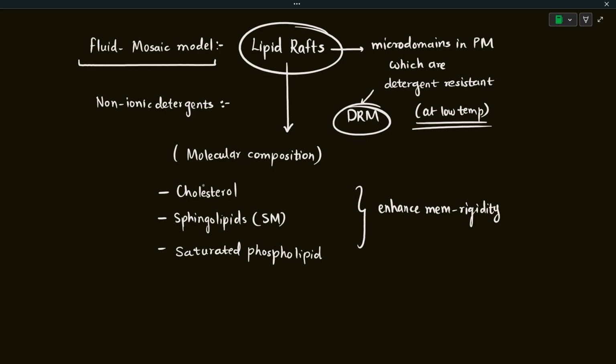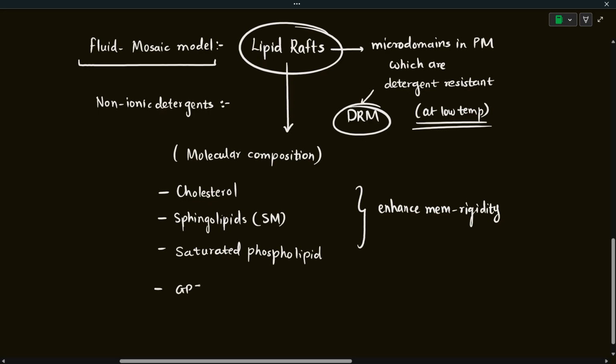Alongside those lipids, there are proteins associated with lipid rafts, such as GPI-anchored proteins, transmembrane proteins, and palmitoylated proteins, the proteins which have palmitic acid as their anchor. We haven't discussed membrane proteins yet. When in the next lecture we discuss it, you'll get to know why only those proteins are present.